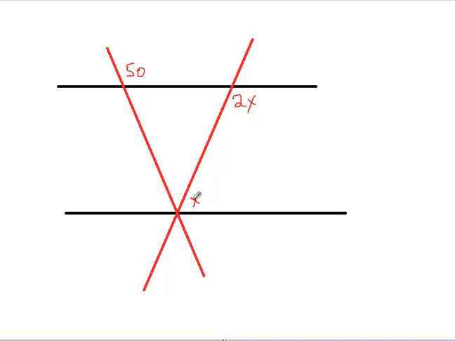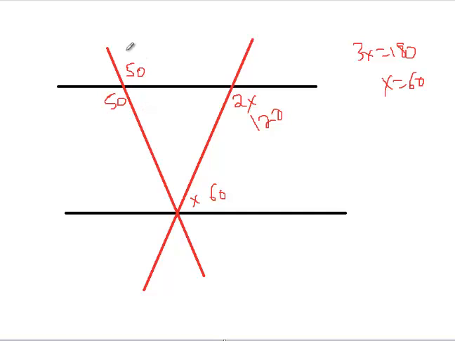Now, the reason is because x and 2x combined have to equal 180. They're on the same side of the transversal. This and this are the same, so this and this have to be equal up to 180. So it would be x plus 2x, which is 3x equals 180, which means x is 60, which means this one is 120, which means this has to be 60. Now this is 50, so that also has to be 50.